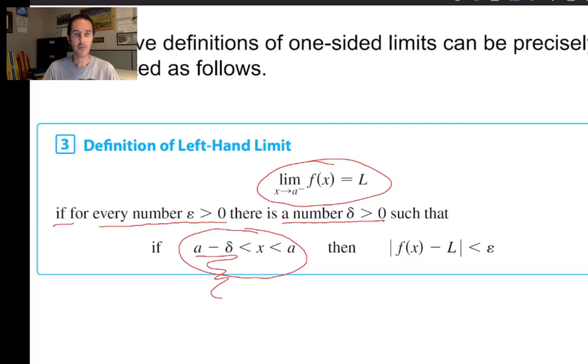So that as we approach from within some reasonable distance from the left of our a value, our y values will all be grouped within some reasonable margin of error in the vertical direction, which is what our epsilon value represents. And this tells us that the result of our efforts with delta need to be that our y values stay within epsilon of our limit, L.